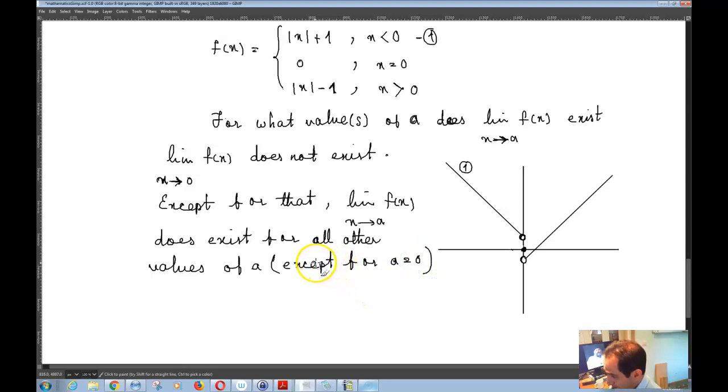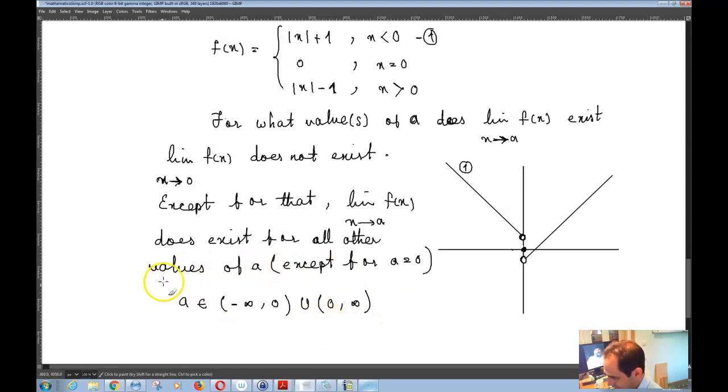Now, what that means is that for what value or values of a does the limit exist? So a has to belong to the interval, basically you can go from negative infinity all the way up to 0, and the union of that set with 0 all the way up to positive infinity.